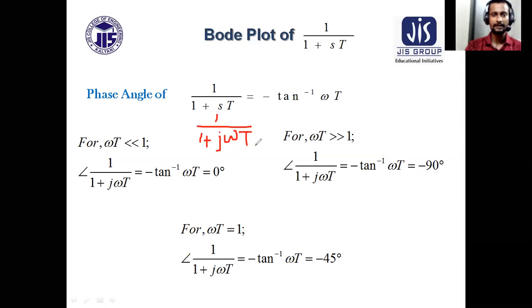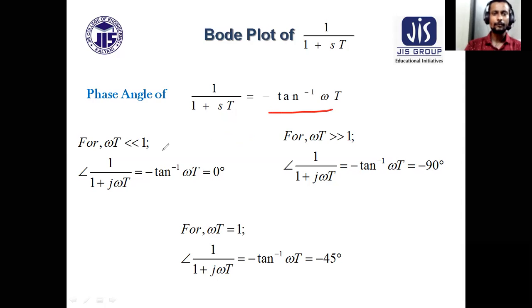B means the imaginary part. So 1 has a phase angle of 0 degree, and 1 plus j omega t will have a phase angle of tan inverse b by a, where b means omega t divided by 1. As it is divided, there will be a minus. So minus tan inverse omega t is the phase angle of this term.